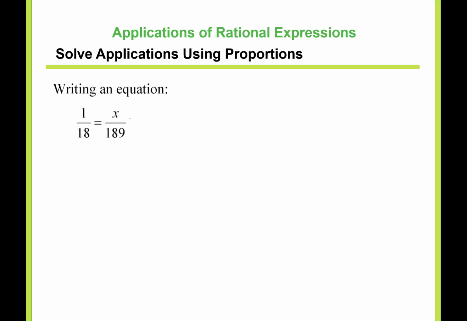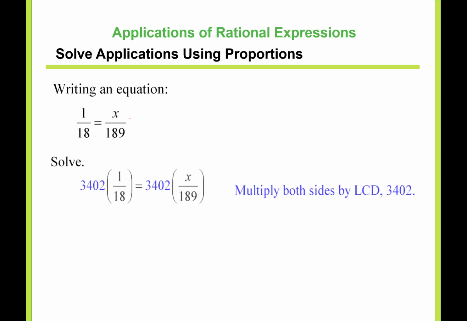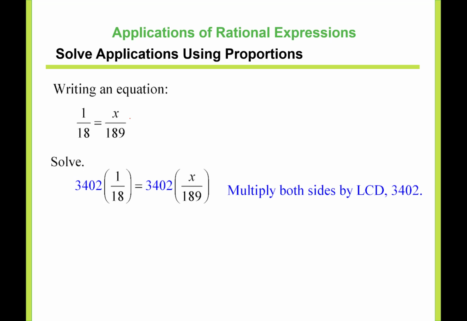I can simply cross multiply, right? Or what I could have done in this case is multiply by the LCM. Now some books say LCM, some books say LCD, which is 8 times 189, that is 1512. We can do either. Now if you opt to cross multiply, again, this is another way we could do that.